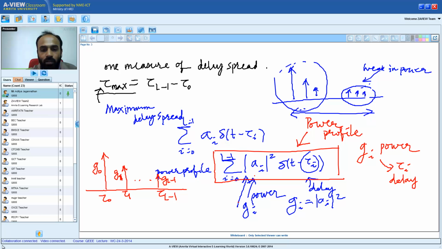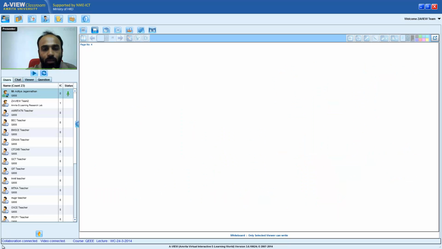Now what I am going to do is put these coefficients b_i. What is the coefficient b_i? b_i is the fraction of power in the ith path.